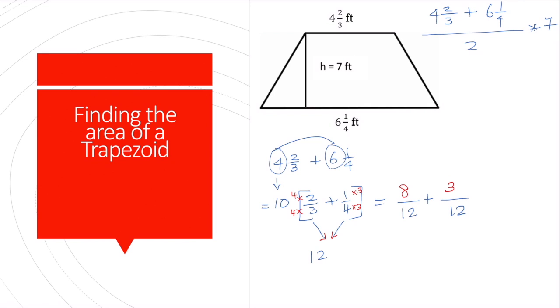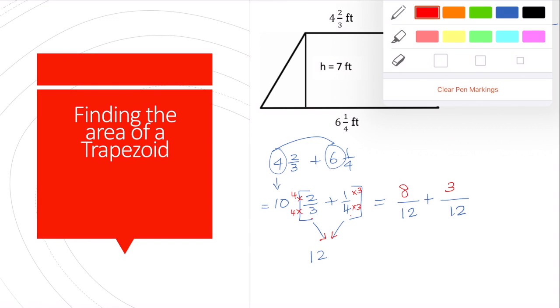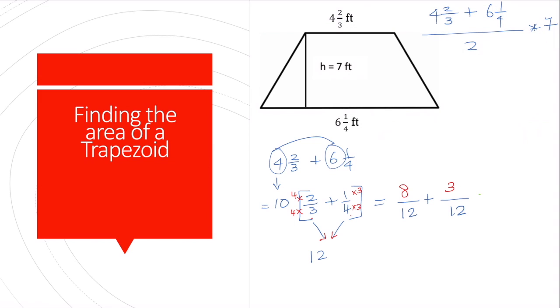Now I have the two equivalent fractions. So I have 8 plus 3 is 11, and I do not add the denominators, it just stays 12. So now I have 10 and 11/12 as this addition part.